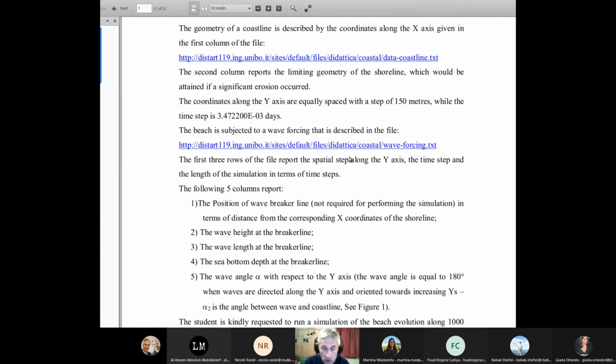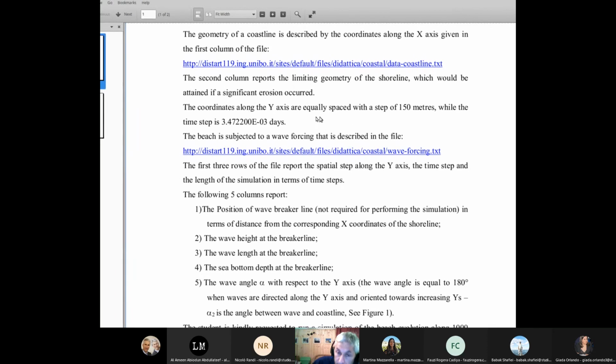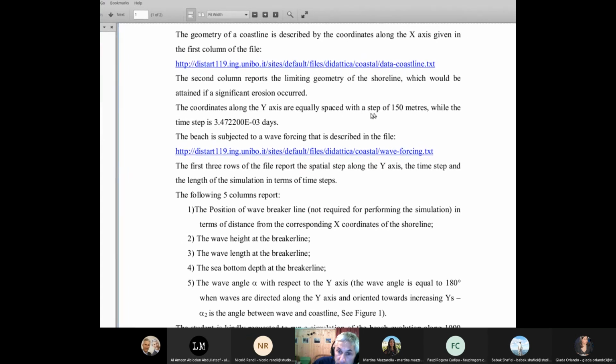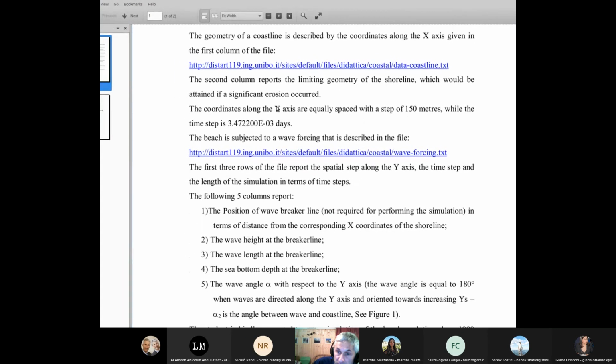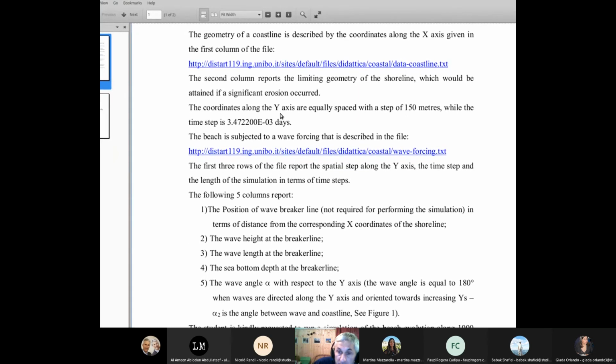Very good. So now it's clear what we have to do. Basically, we should adopt as time step of our simulation the same time step of 150 meters along the y-axis that we see here. So we have to apply our CERC computation at each spatial step and each time step.